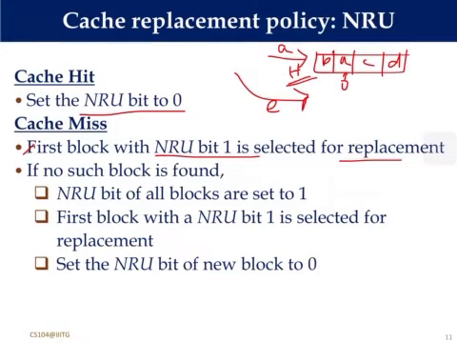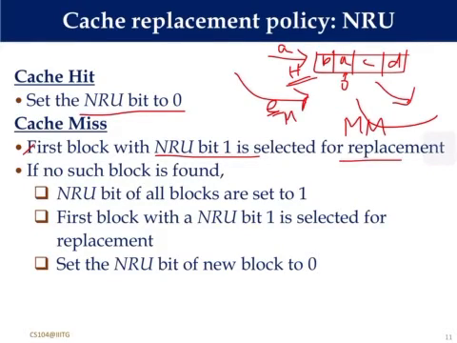If the reference were to A, B, C, or D, from here, it would have been a hit. If it is not here, then only it will be a miss. Whenever it's a miss, something has to go from there, because the block will be brought from main memory or the next level memory.